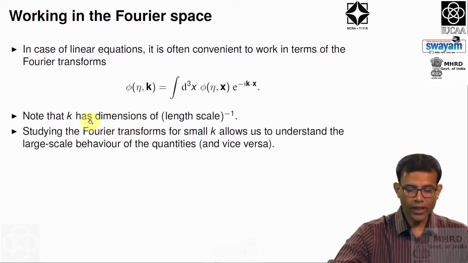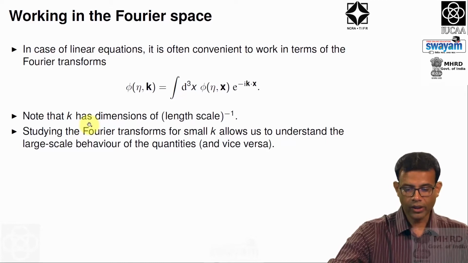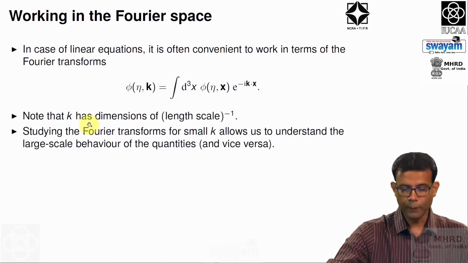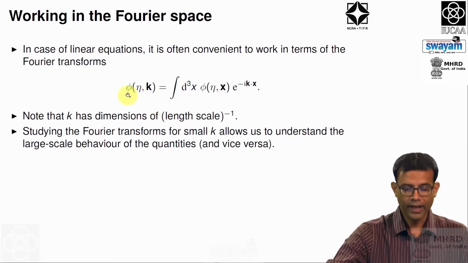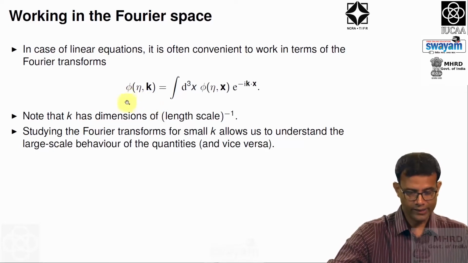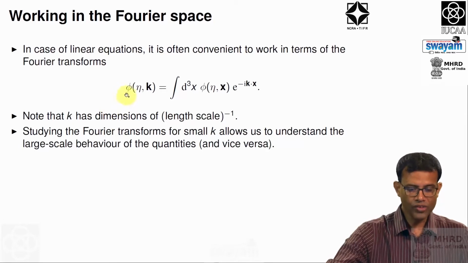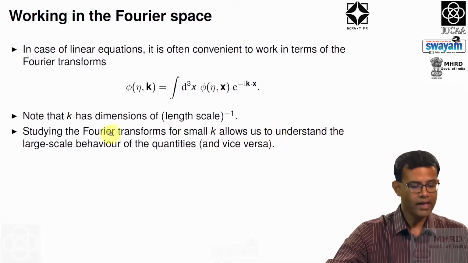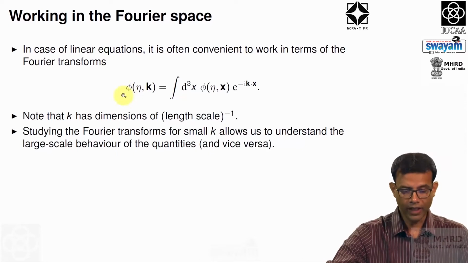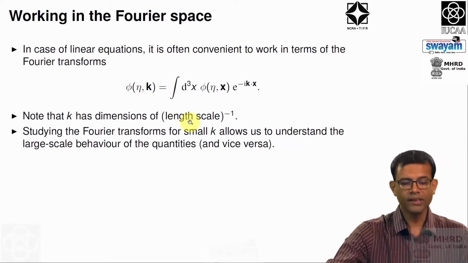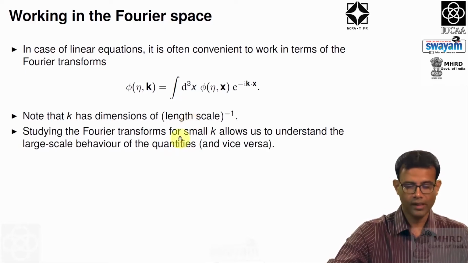Studying the Fourier transform as a function of k actually allows you to study various quantities at different scales. For example, if you study this quantity for small values of k, that would allow you to understand the large scale behavior of this potential phi, and vice versa. Large k would give you the small scale behavior of the same quantity.